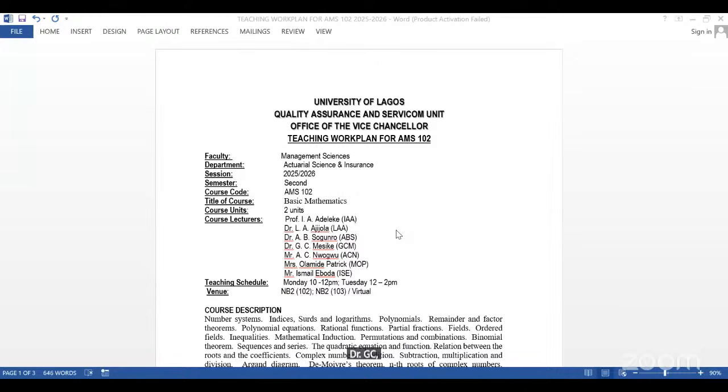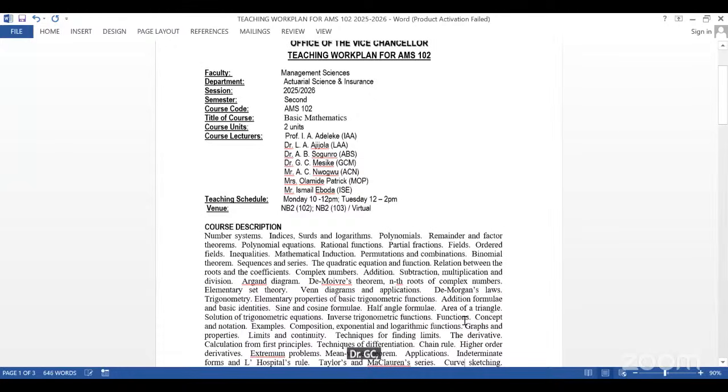And the course description as displayed. Basically, the course will cover the preliminary phase of algebra and calculus, starting with number systems and ending with definite integral.